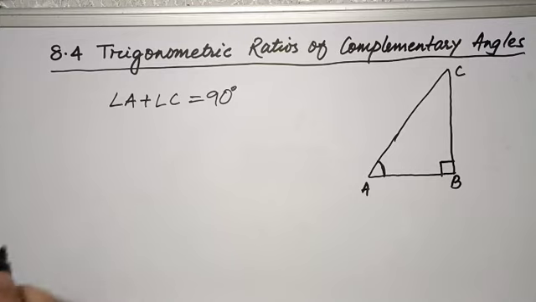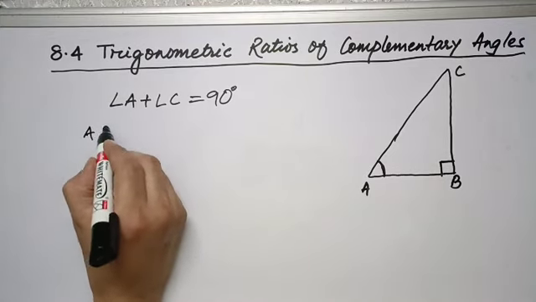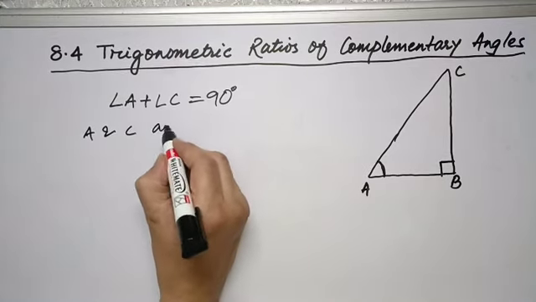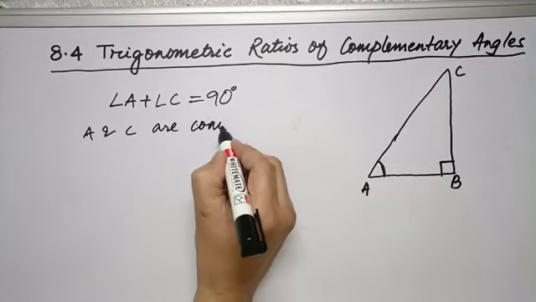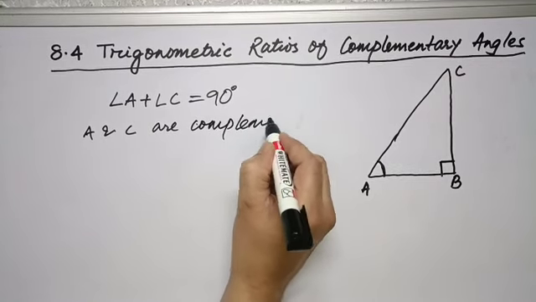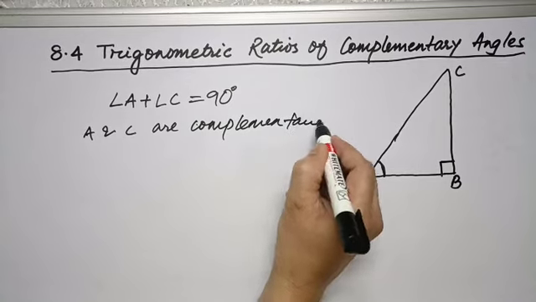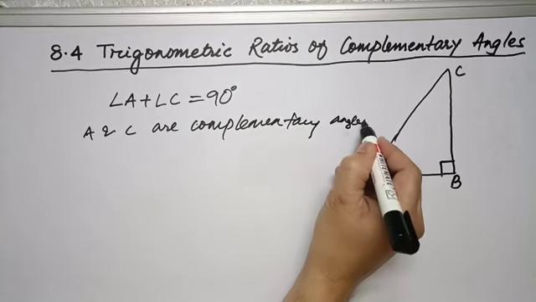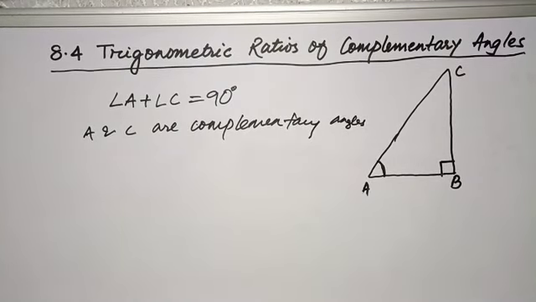So we can say that A and C are complementary angles.